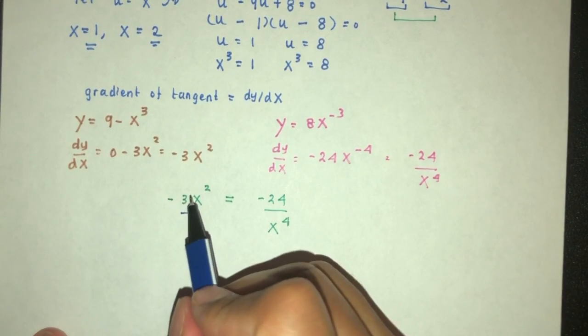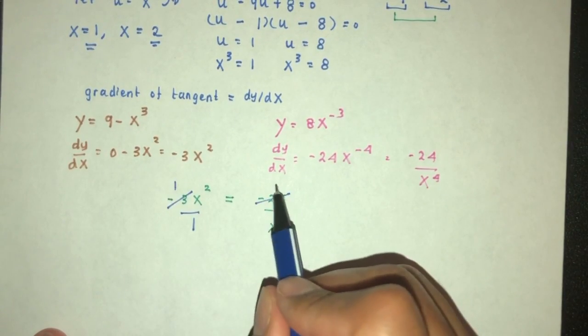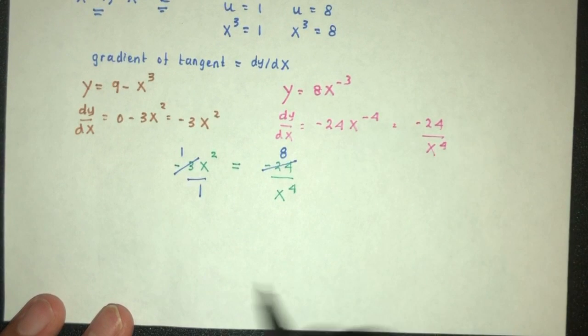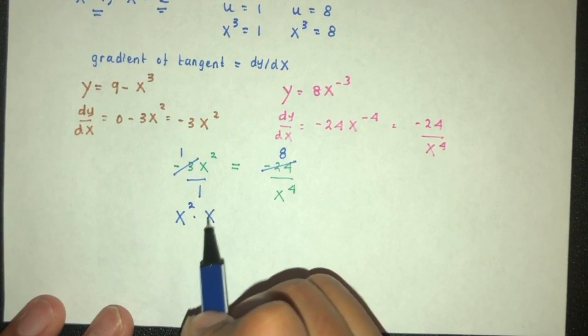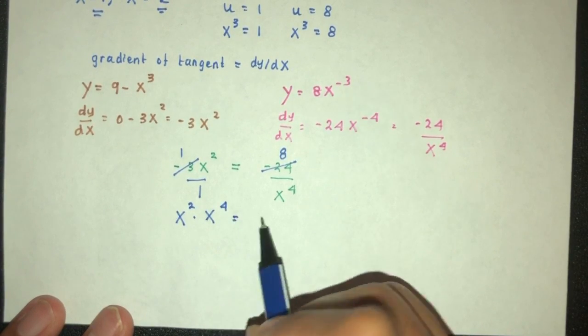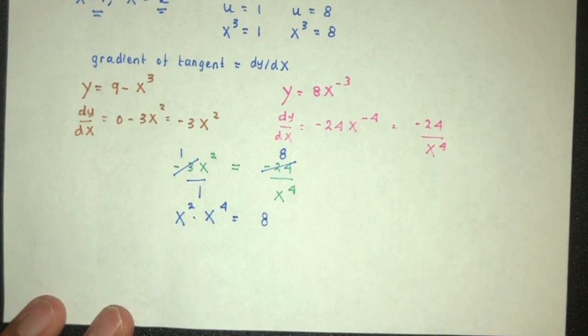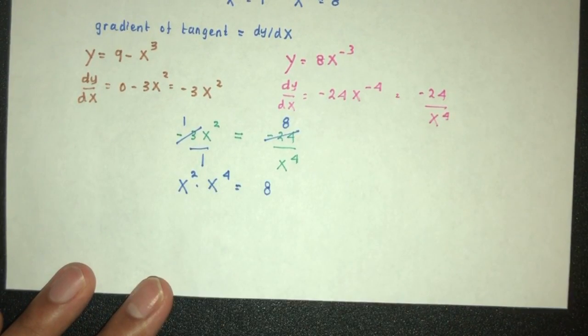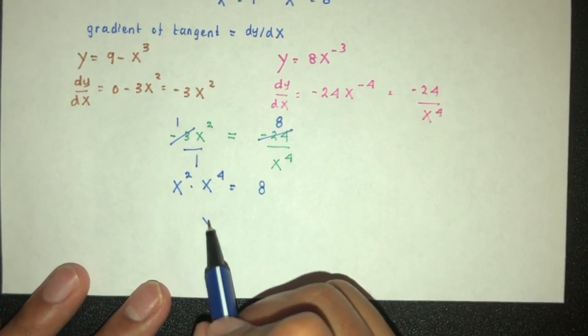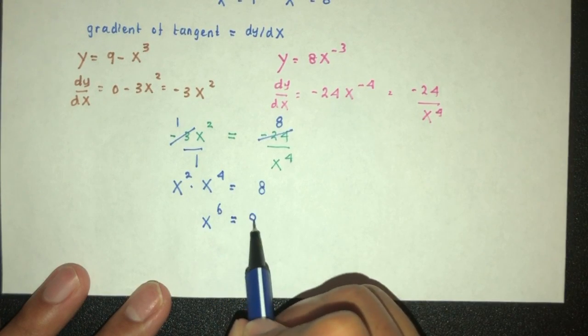We can divide by minus 3, that will be 1, that should be 8. Then we can cross multiply, you will have x power 2 times x power 4 equals 8. Now what is this one? By the laws of indices, because they have the same base, we can add the powers, that should be x power 6 equals 8.